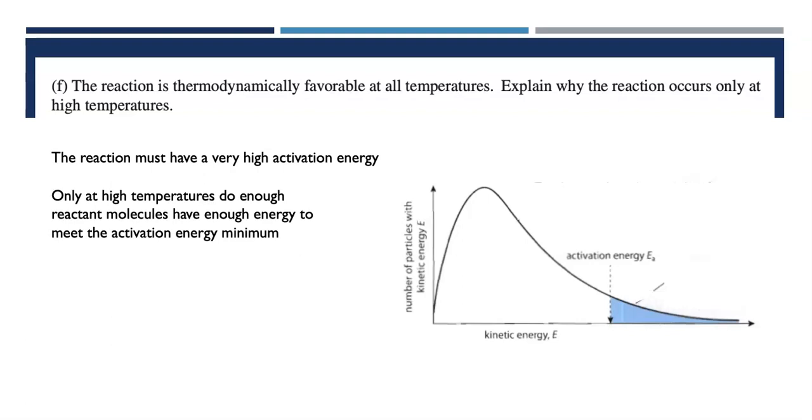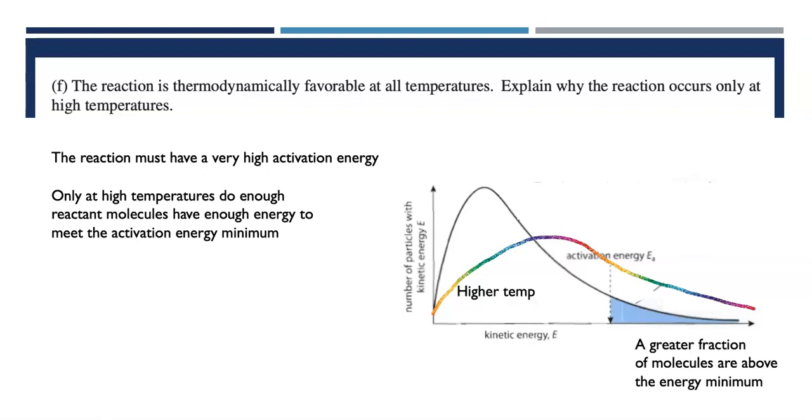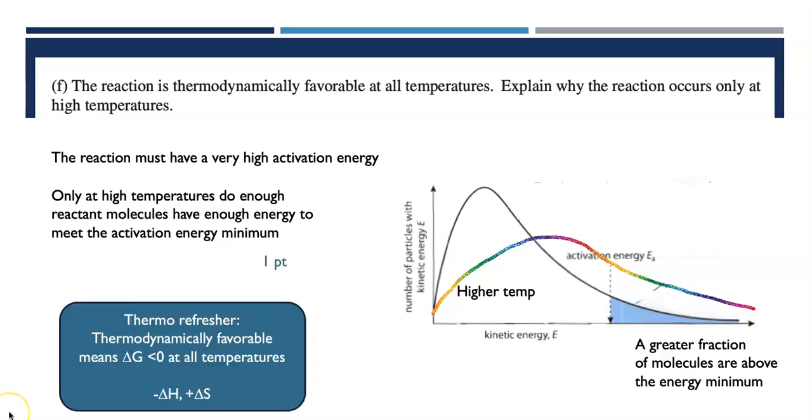At higher temperatures, here's a sketch of what that Maxwell-Boltzmann distribution curve might look like. What we see is at the higher temperature, a much larger fraction of the molecules are above that activation energy minimum. Right? I have a lot more up in this region of the graph, and therefore the reaction can occur more rapidly. That's the core of what you needed to say to earn the point here.